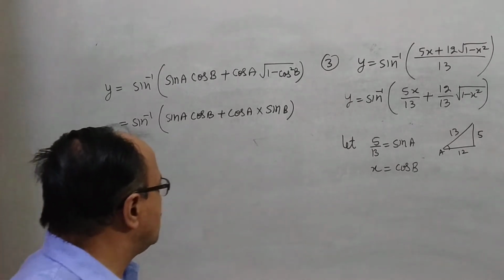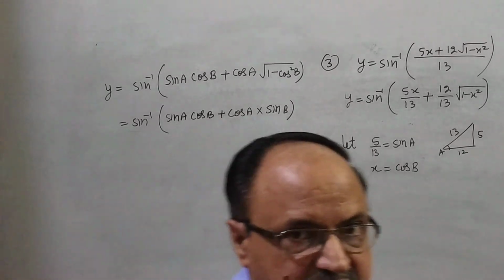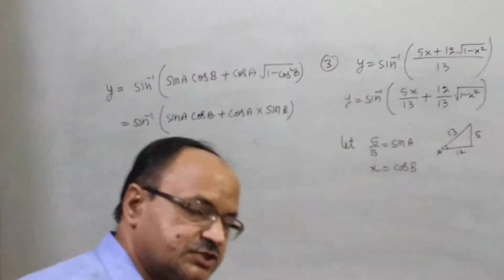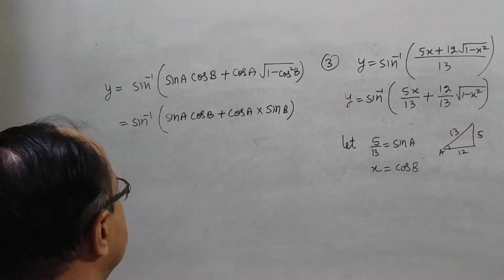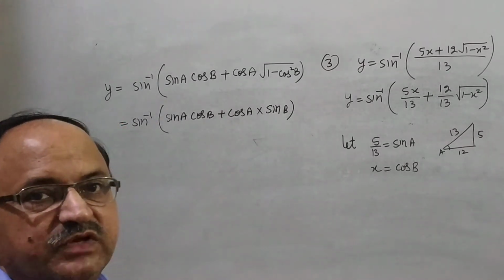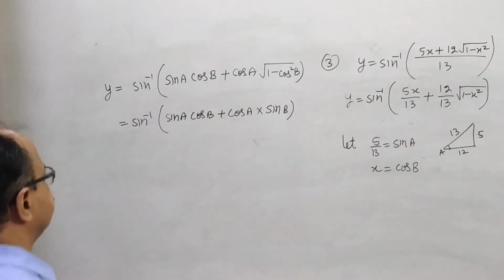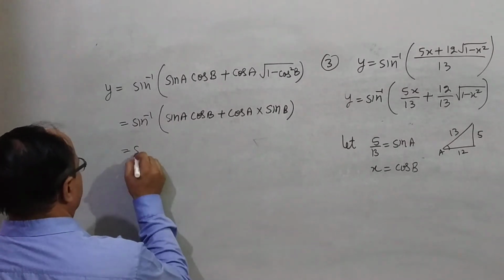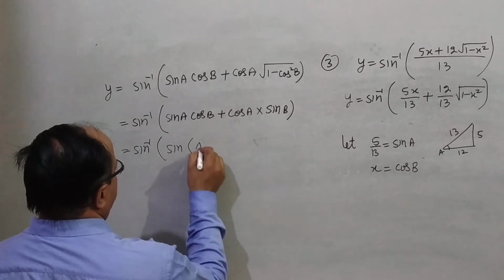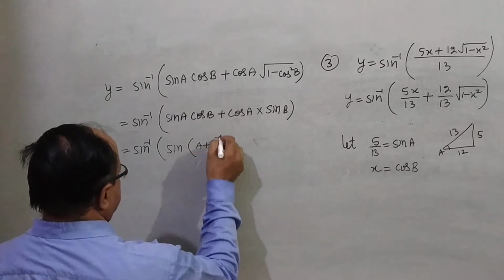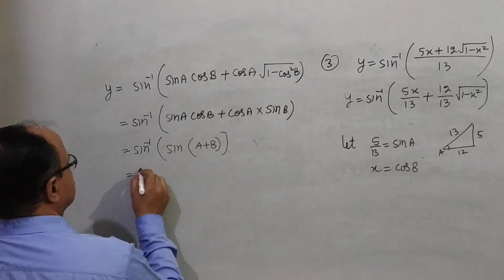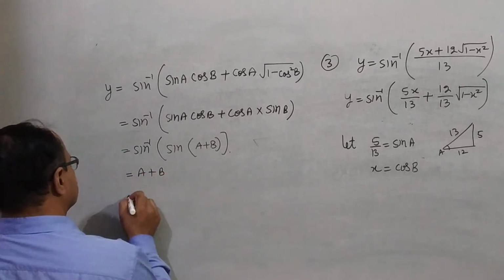The formula, you know: sin A cos B plus cos A sin B. This is a trigonometric formula. That is sin inverse of sin of (A plus B), and this is also a formula.